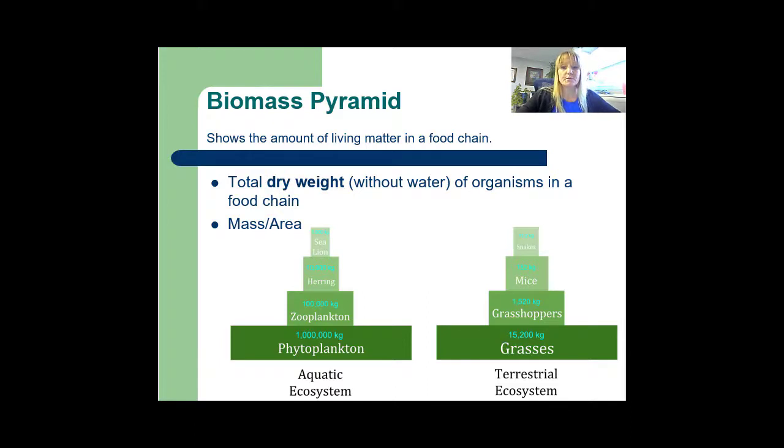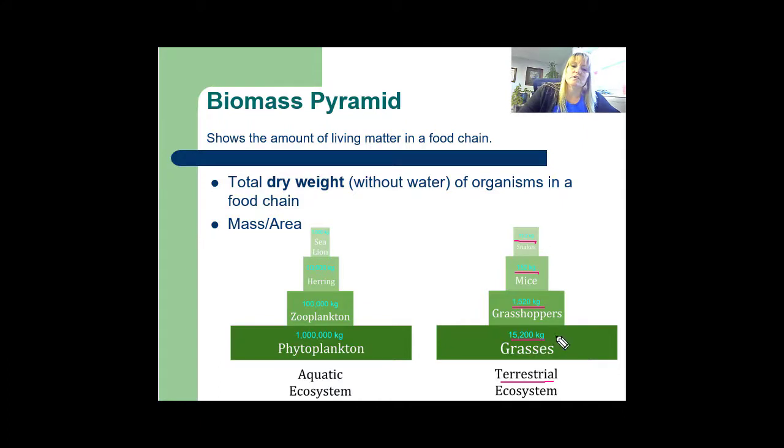So for example, here in this terrestrial one, which is on land, you have 15,200 kilograms of grasses can support 1,520 kilograms of grasshoppers, which can support 152 kilograms of mice, which can support 15 kilograms of snakes.